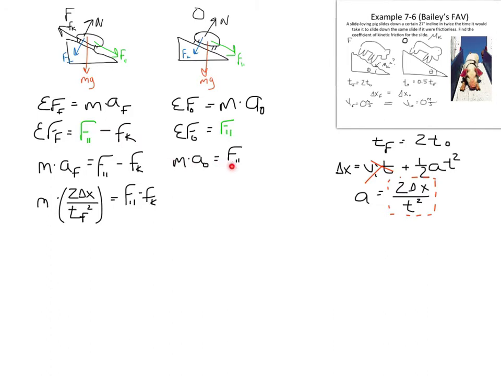And over on this side, it's just mass times 2 delta x over time without friction squared equals the force parallel. And that's it.